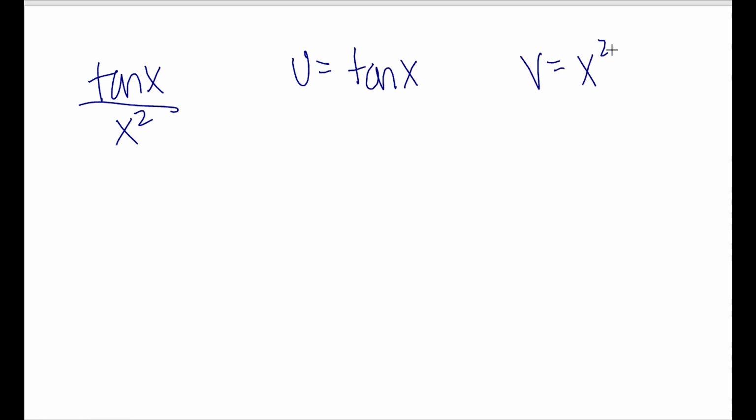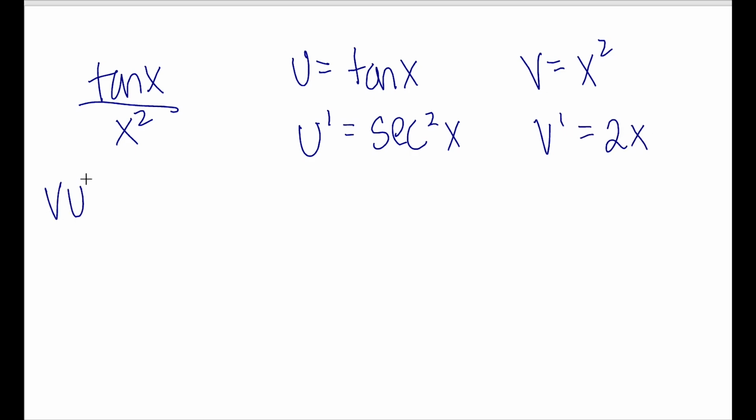Now if we had tan x over x squared, this would require using the quotient rule. U equals tan x and v equals x squared. U prime would then be secant squared x, and v prime would be 2x. So remember, for the quotient rule, it has to go in the order vu prime minus uv prime, and then we put that over v squared.